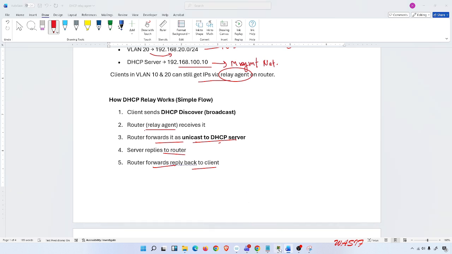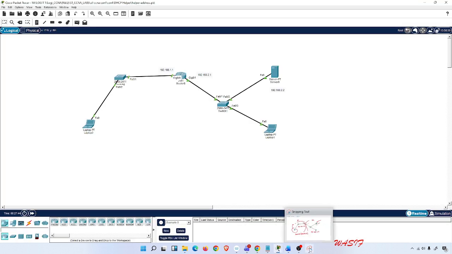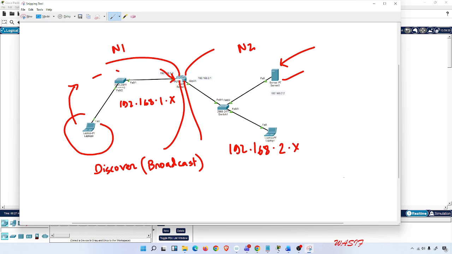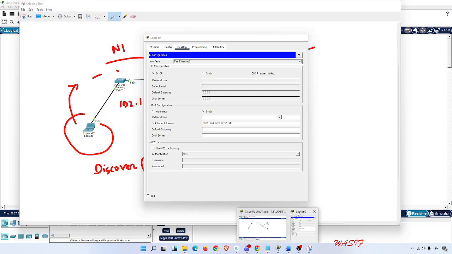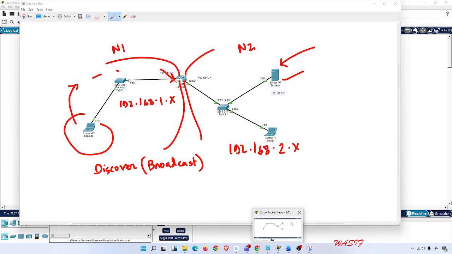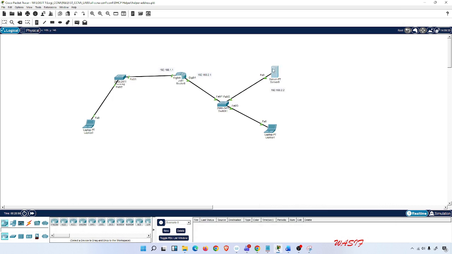Now let's come back here. If you look at here, in this case they are in different networks. This is where we are running the DHCP. I will show you.